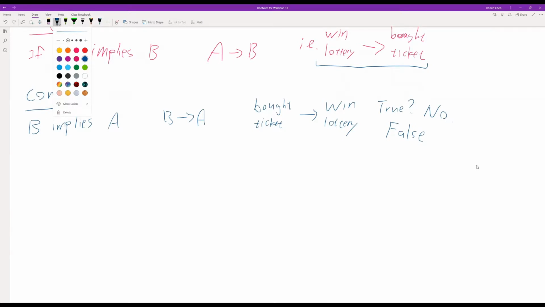So the key here is that the converse of a statement is not always true.